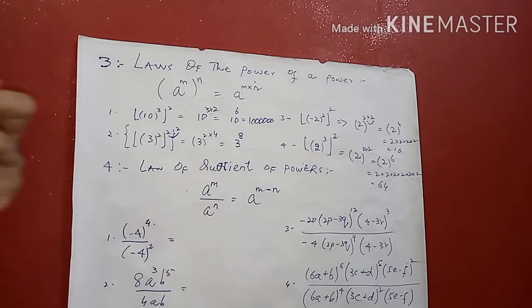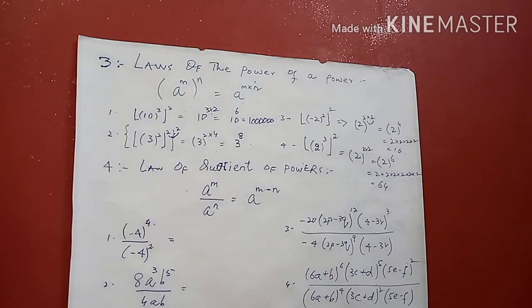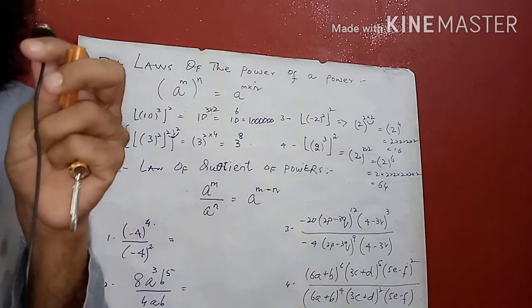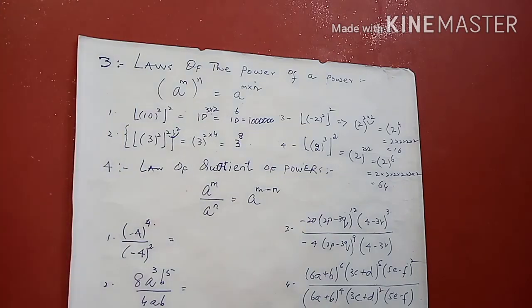Now law number 4 means law of quotients of a power. Quotient means a number which is divided by another number of the same base. So this is the law of the quotient of the power having the same base.